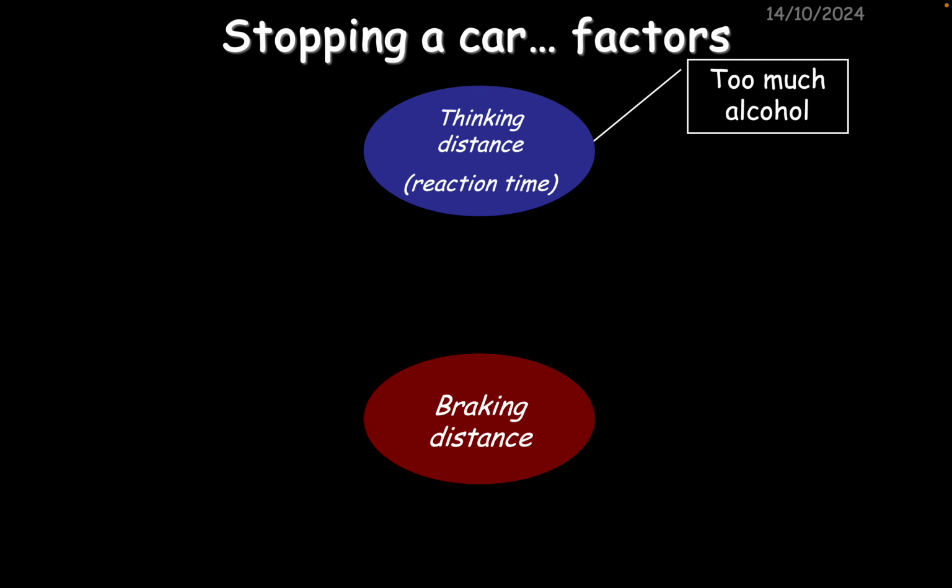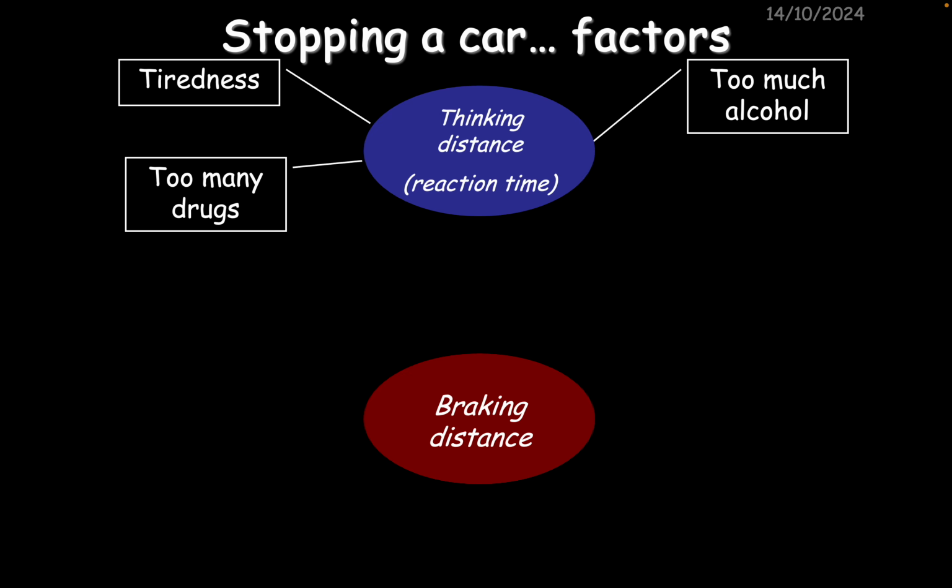So for example, if you have any alcohol in you, or you are tired, or you have had some medication, or any type of drugs, it can affect your reaction time, and therefore the time it takes for the car to stop, or the time it takes for you to move your foot from the accelerator pedal across to the brake pedal. Of course, things like visibility could also be factors that affect your reaction time.